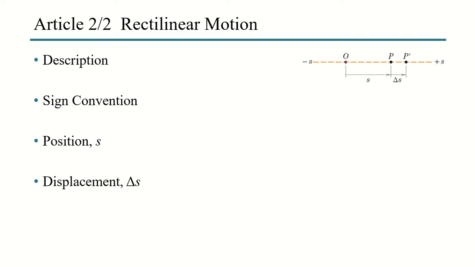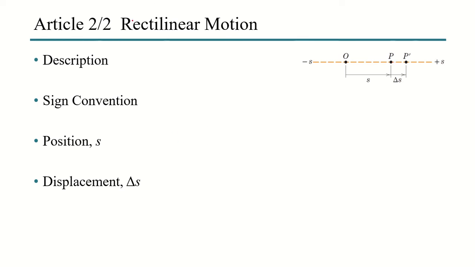We have a point O, our fixed reference point, and point P where the particle stops moving, and point P prime where the particle moves farther from point P.